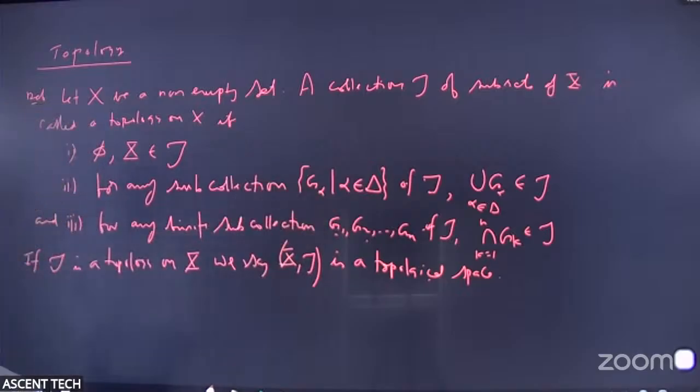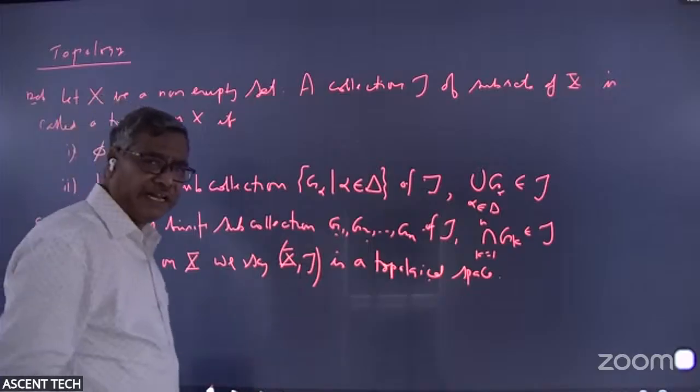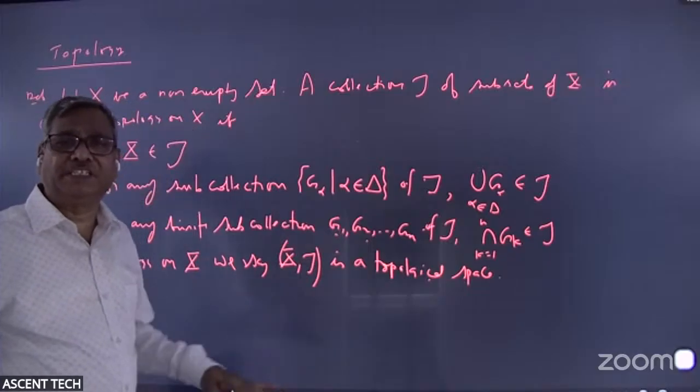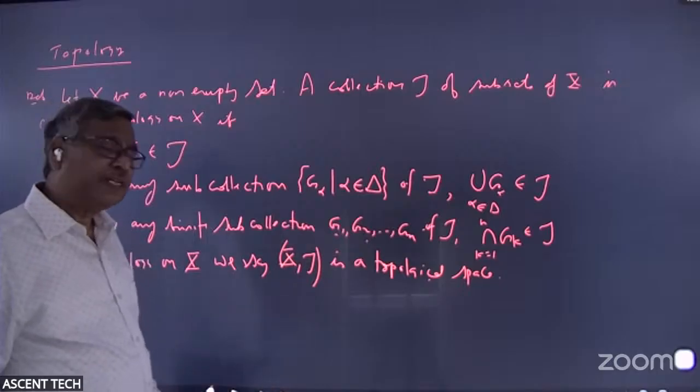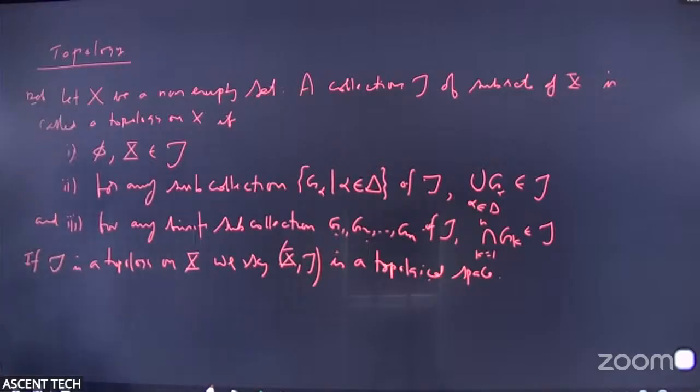That is a topological space. However, what we often do is say X is the topological space, and one should understand that the appropriate T is already there. So oftentimes I say let X be a topological space. That means T is already there and it is understood. Sometimes I say X comma T is a topological space. Many times we'll just say X is a topological space, and you have to understand what I mean by that.